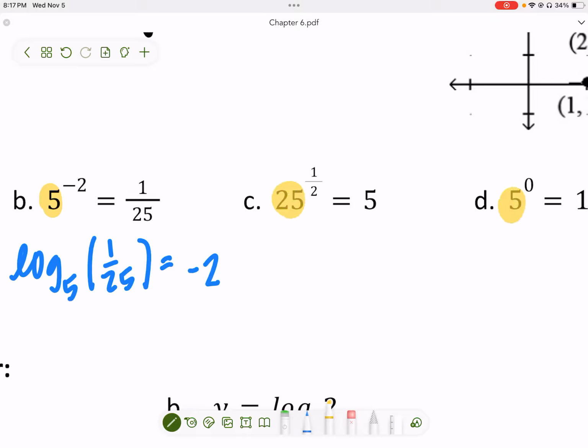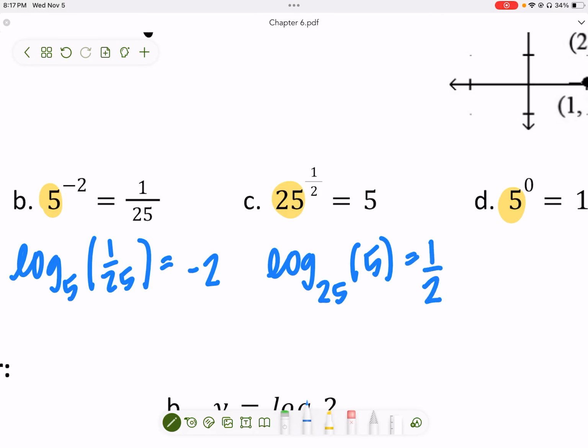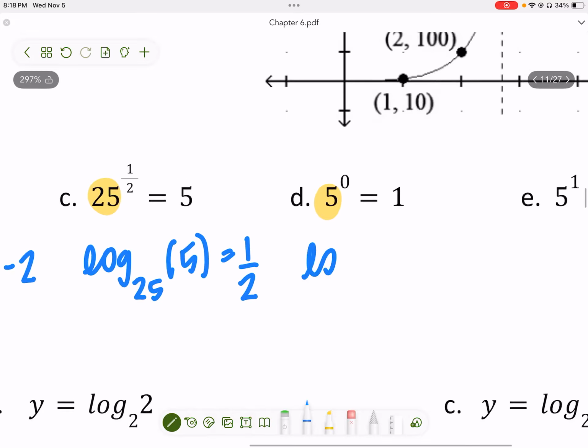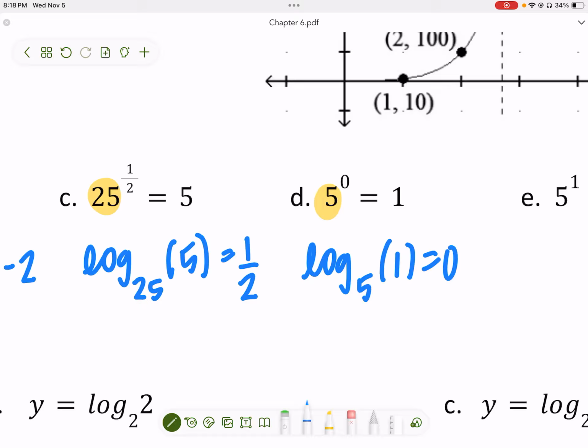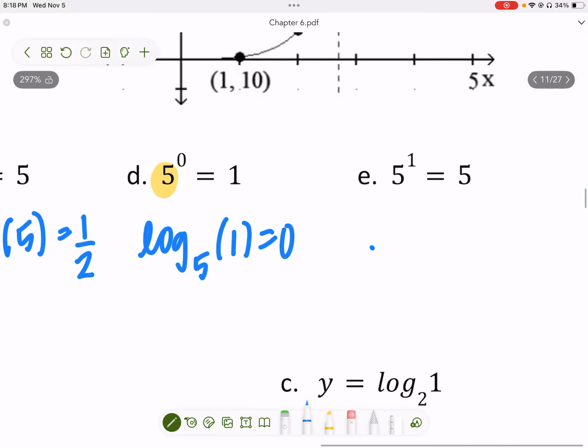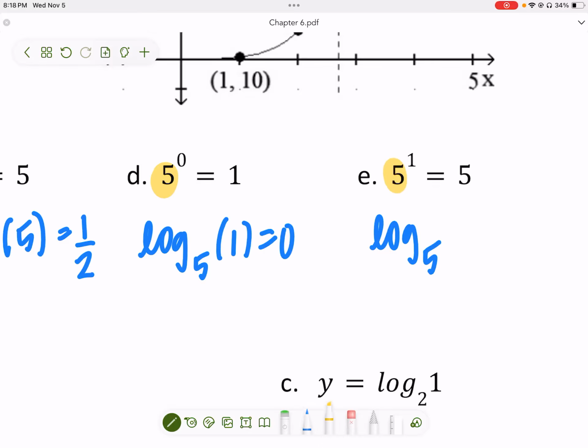Here's my base again. So log base 25. 1/2 is away from the 25, so that means it's going to be log base 25 of 5 equals 1/2. Log base 5. Again, the 0 needs to be far away. And our last one, log base 5 of 5 equals 1.